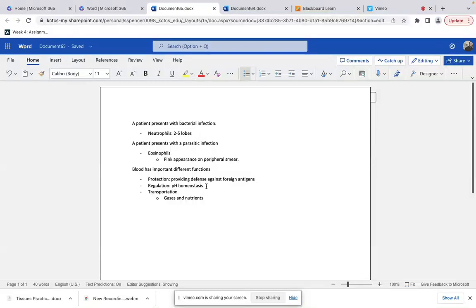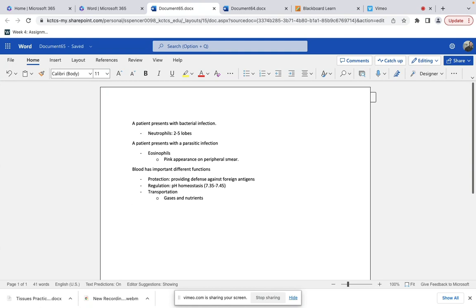The normal pH within the body is going to be between 7.35 and 7.45. Transportation, again, blood is going to be important for transporting different gases, whether it be carbon dioxide or oxygen, to the heart, as well as different nutrients, okay? So these are important different functions of blood. Paying attention to protection, protection being the primary one that we need to pay attention to.